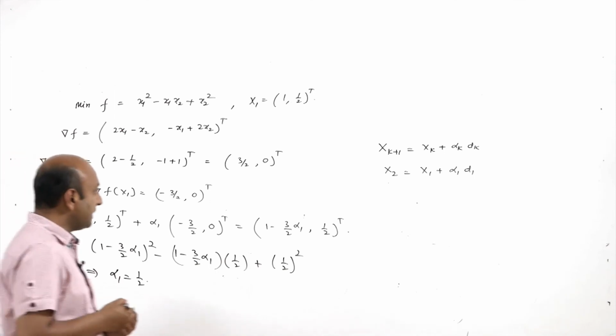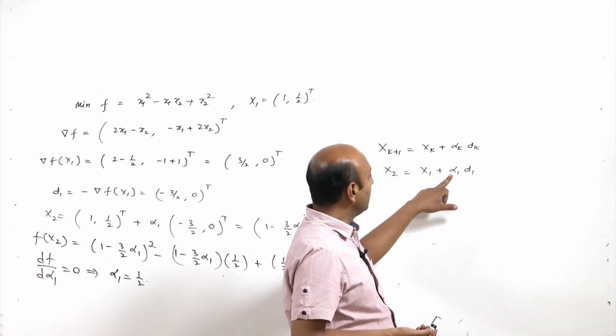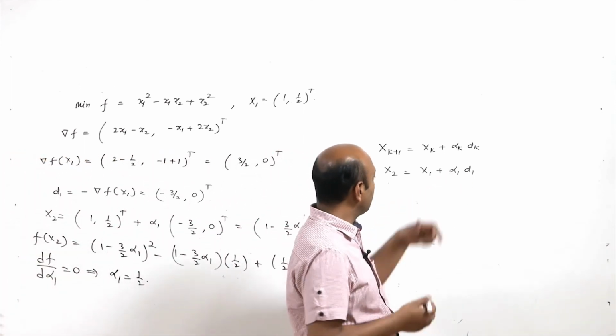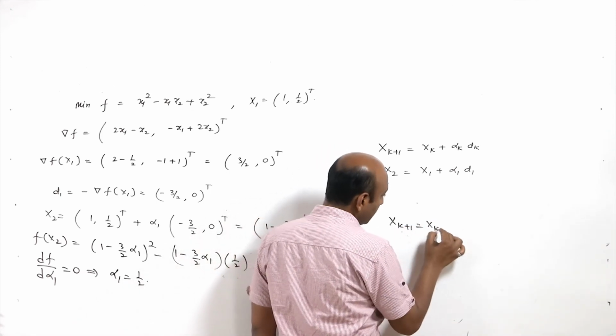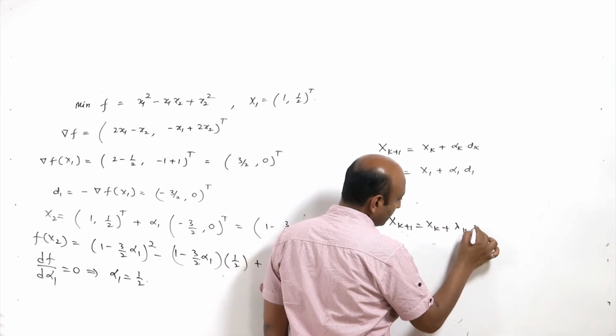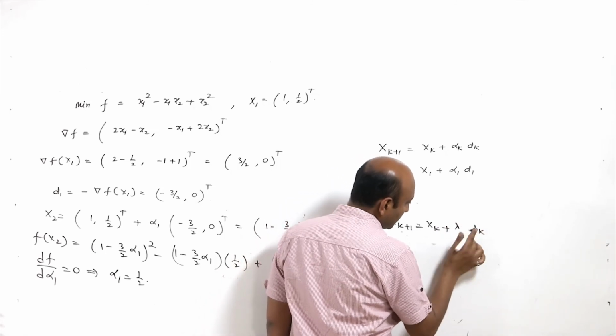okay. It hardly matters whether we take lambda 1, or we can also take this as xk+1 equals xk plus lambda k sk. So these are only notations, okay.